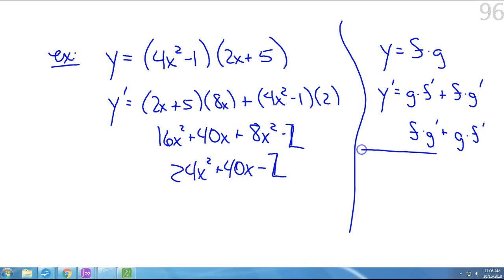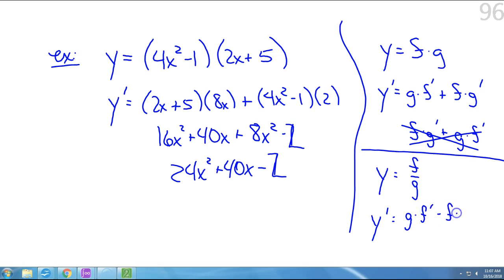The reason I teach it in the order I do is because when we do quotient rule, f divided by g, it's going to be g times f prime minus f times g prime. And now all of a sudden order matters because I got a subtraction sign. So that makes order matter. So I'm trying to keep these in the same order as each other. That other way isn't wrong, but then you got to remember to switch the order.